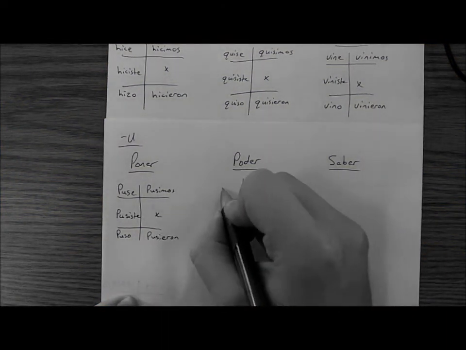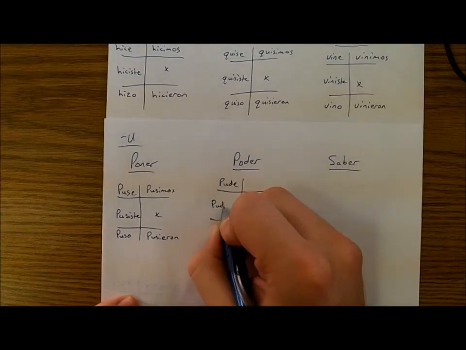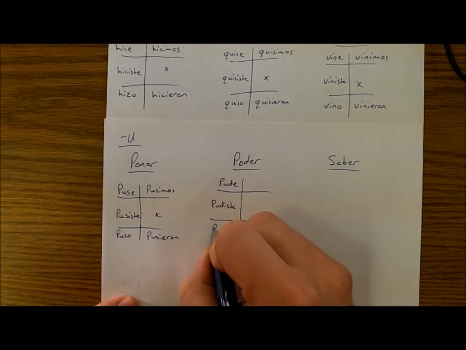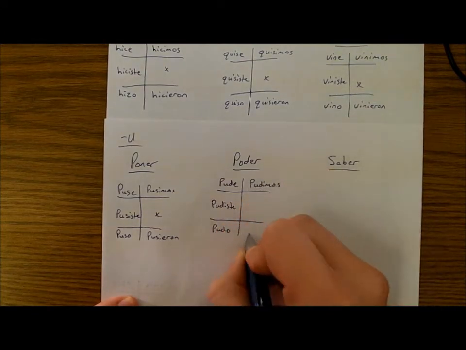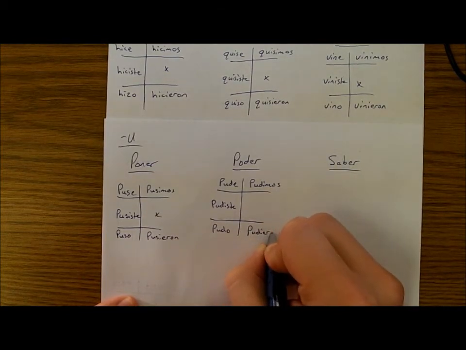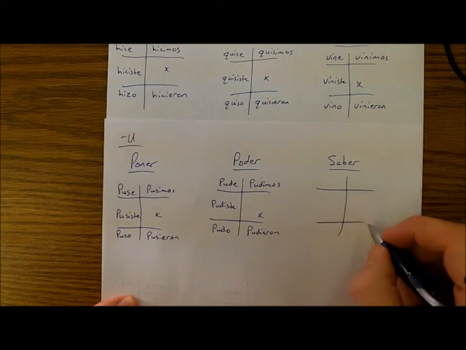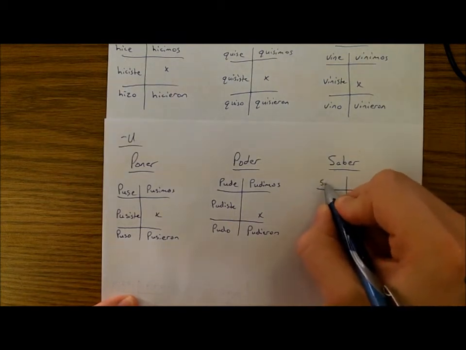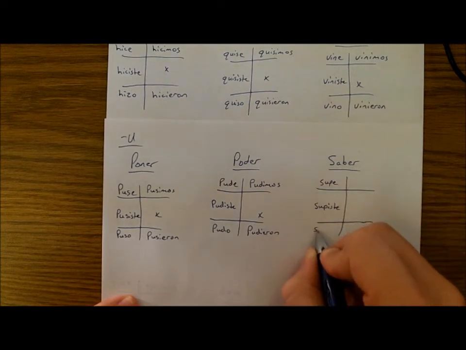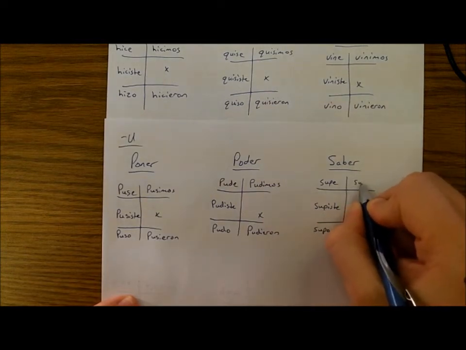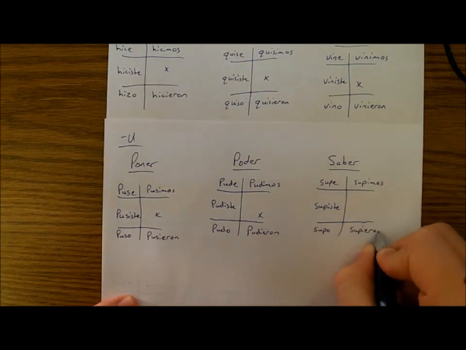Okay, then we have pude, pudiste, pudo, pudimos, and pudieron. Last one we have in this category is saber, and it's supe, supiste, supo, supimos, and supieron.